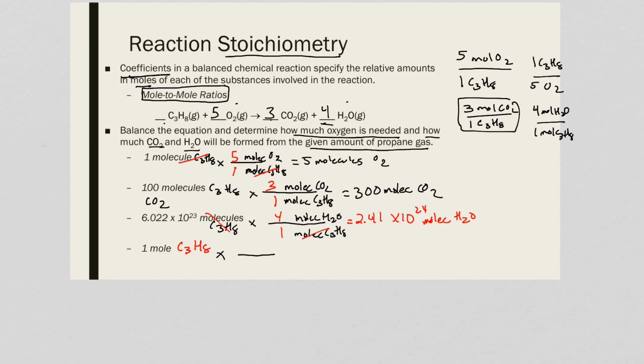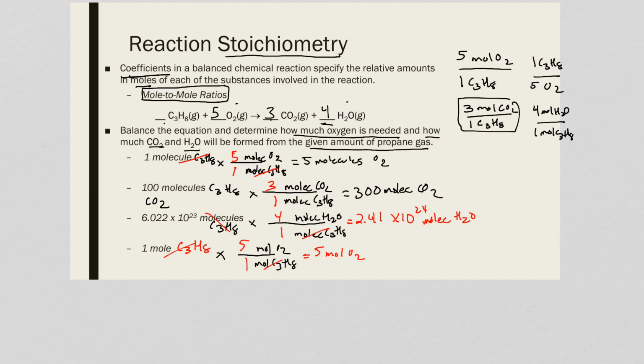Again, I need my units to cancel, so I'm going to need moles of C3H8 on the bottom, and moles of oxygen on the top. And I have the same ratio that I used up here: it's 5 oxygen to 1 C3H8. And if I do the math, my moles of C3H8 cancel out. I need 5 moles of O2 to react.